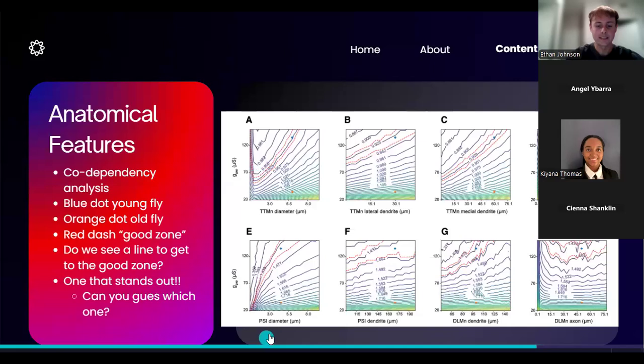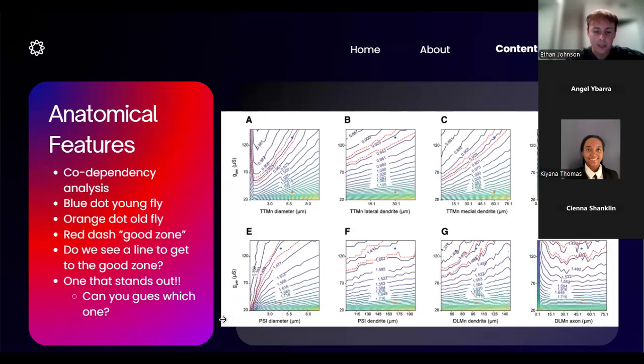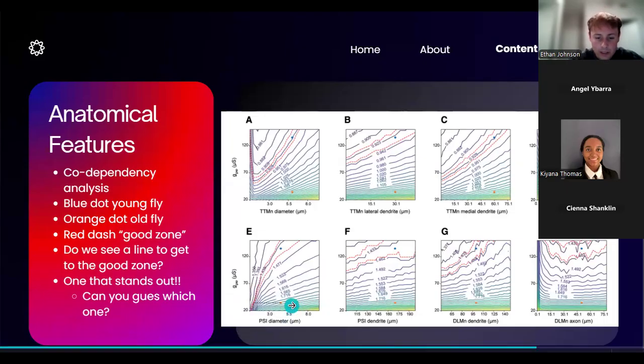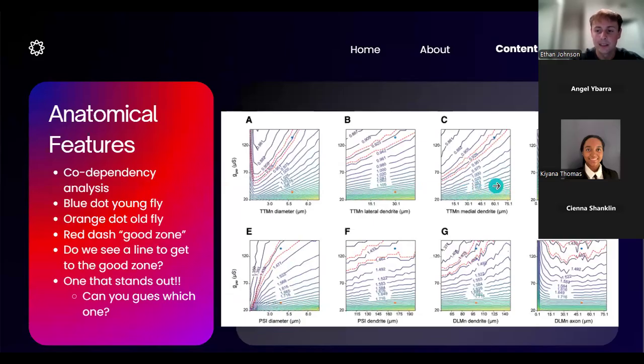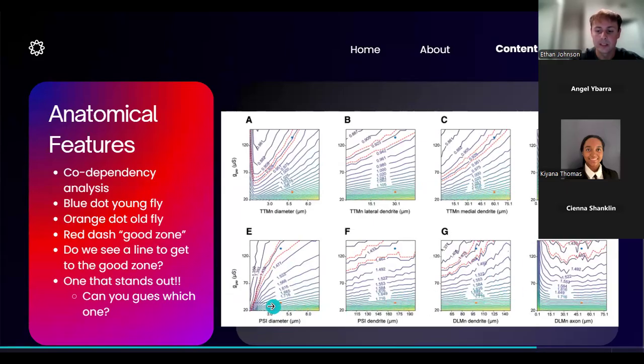So if we remember PSI, that was the peripheral one that we saw earlier. And we can see with this one, if we travel along this line, we almost get into this red dash boundary area. And none of these other plots, if you do that same thing, does that occur. Some of these other ones you get close, but this one you get really close.